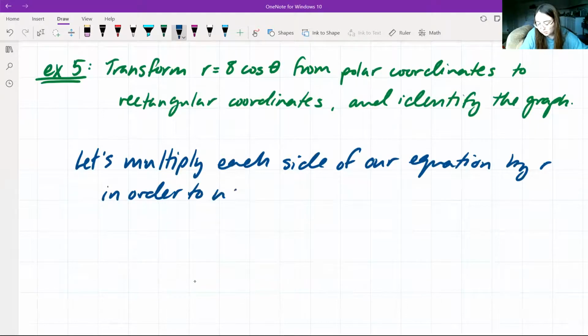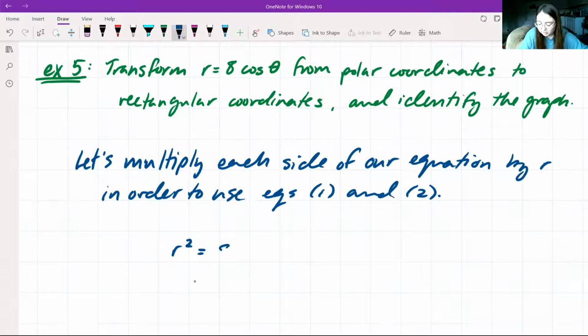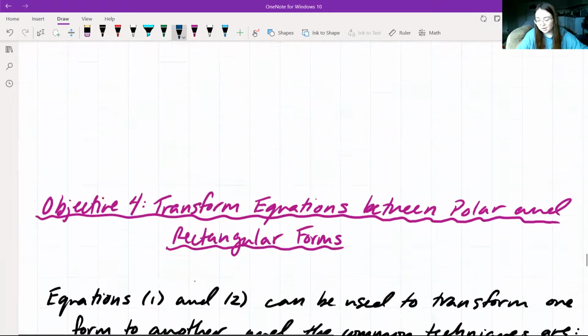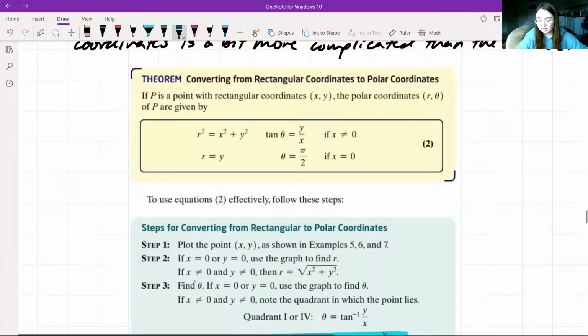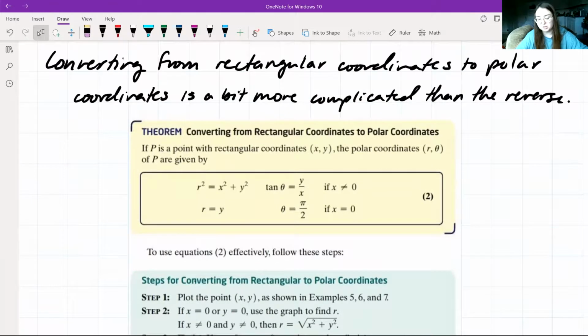In order to use equations 1 and 2, if we multiply each side of our equation by r, we're going to get r squared is equal to 8r cosine theta, which r squared is just equal to x squared plus y squared, which we got from equation 2.